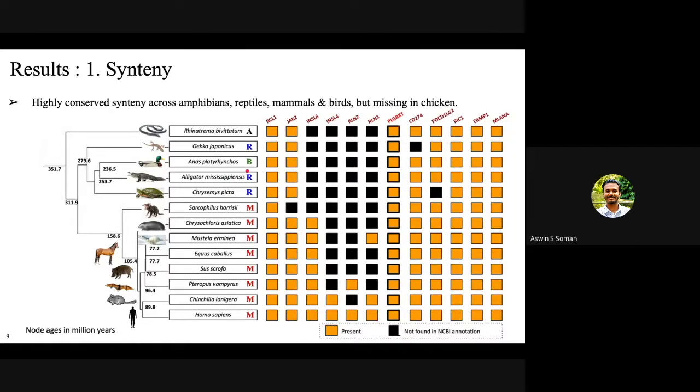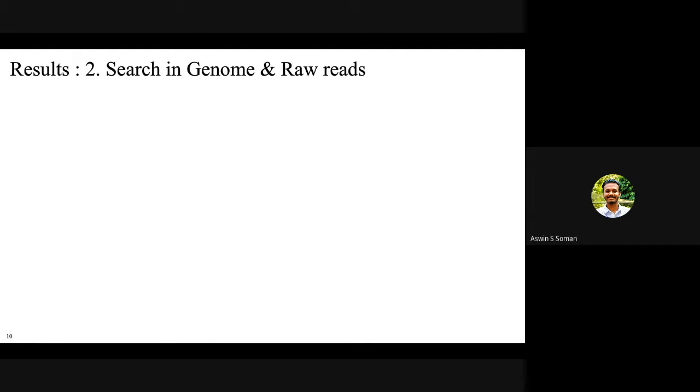However, in chicken, all the genes were present except for PLGRKT, which suggests a gene loss event in chicken. Now, to check exactly what happened in PLGRKT, we checked the genome of chicken.